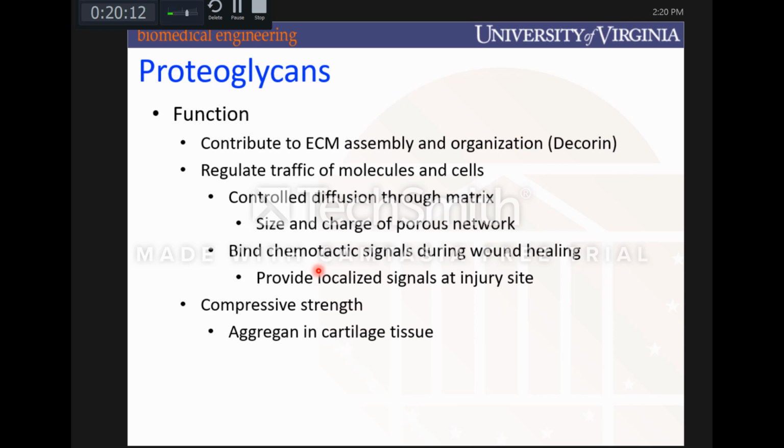So these can actually be held locally within this swelled hydrogel that's made up of these saccharides. And what that means is they don't actually diffuse anywhere. So you can imagine if the signaling molecule is superpolar and the proteoglycan network has a complementary charge, it's just going to want to stay there. And that signaling molecule will stay there until a cell comes in and starts chomping on things. And then it'll see the signaling molecule.